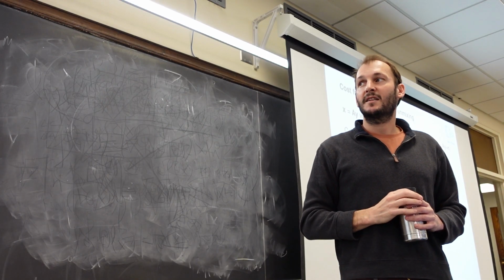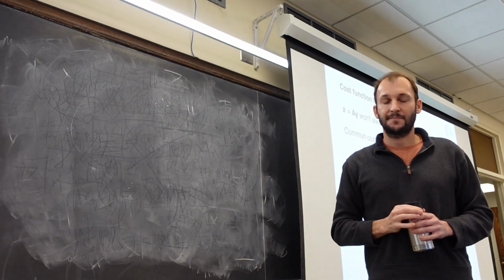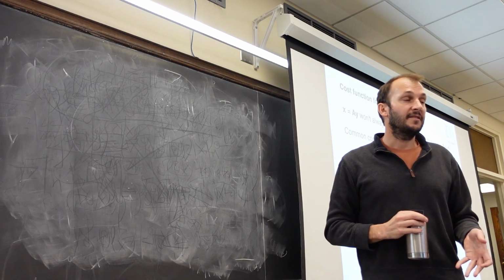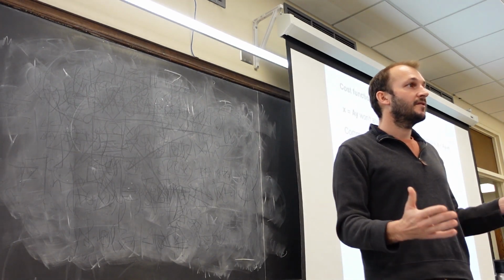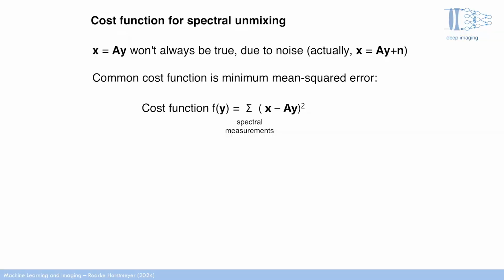We can just directly write the cost function as a function f, right, which sums up the square difference between our measurements x and the product Ay.